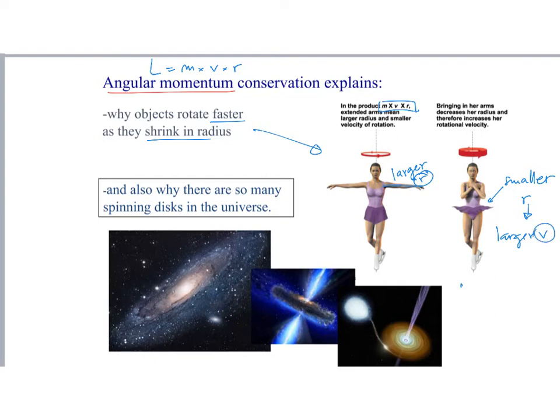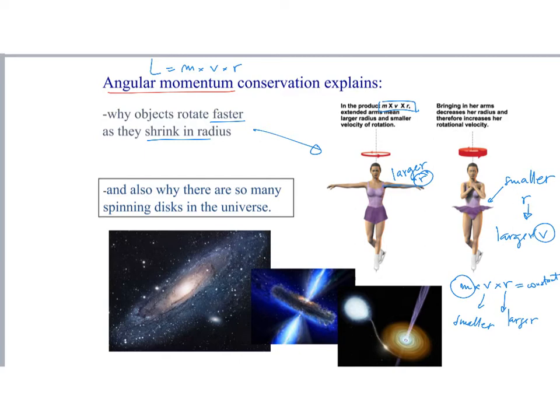Because the product m times v times r needs to stay constant. So the larger the radius here, the smaller the velocity will be, assuming that the mass stays constant, like the skater doesn't lose any mass in the process.